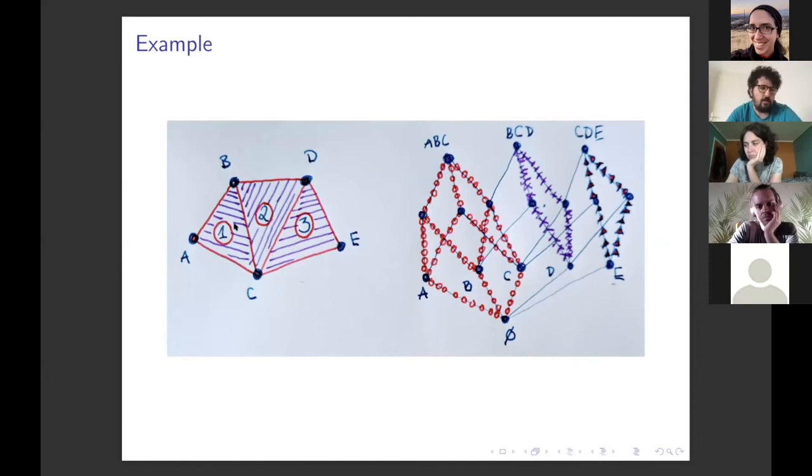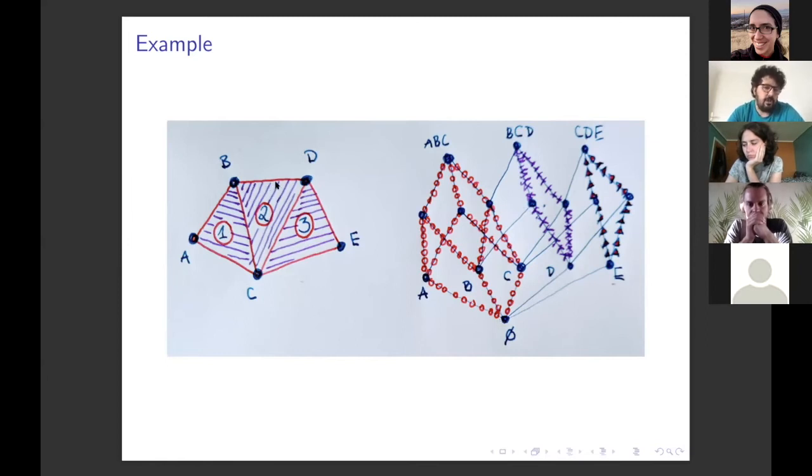I start constructing this complex by adding 1, the face that contains vertices A, B, C. The minimal new face that is attached is just the empty set. Here I have the whole face poset, and I attach the triangle ABC. There's a unique minimal thing, which is the empty set.